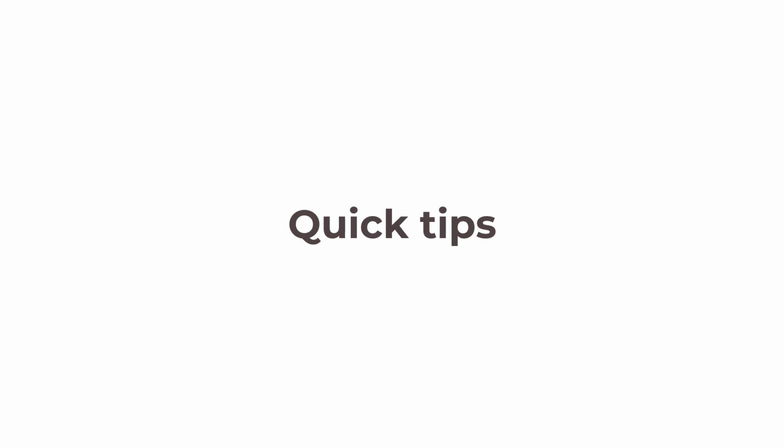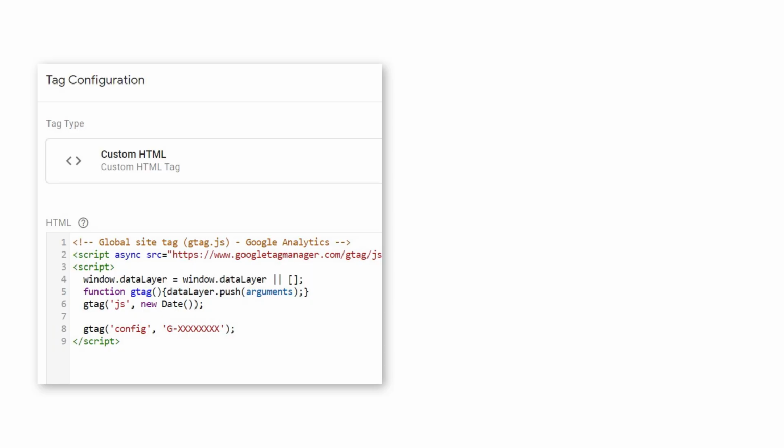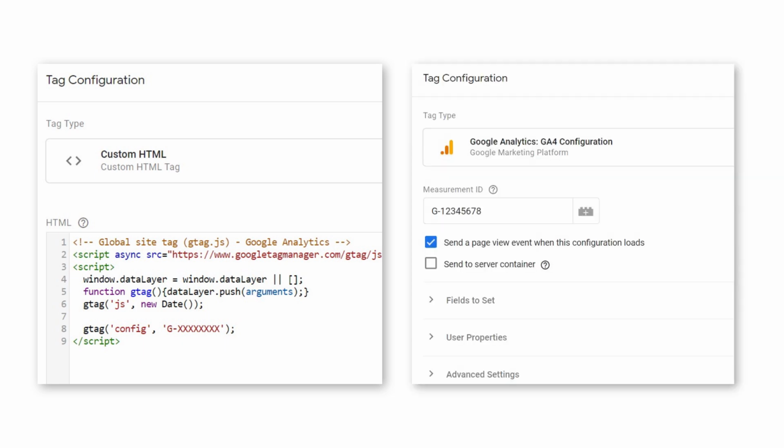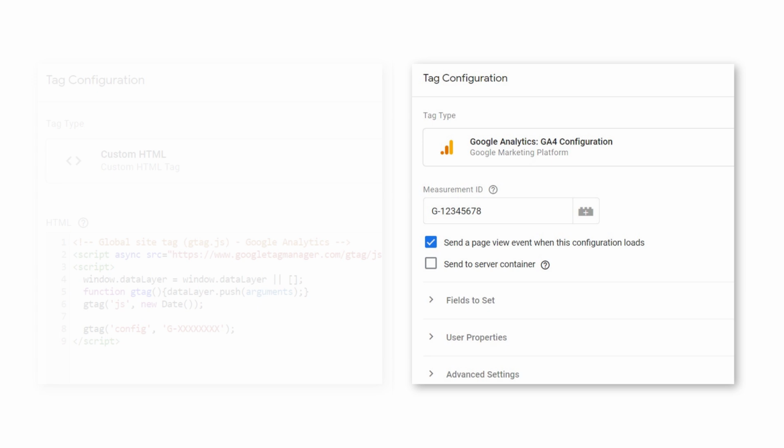Now, for the end of this video, I wanted to share several additional quick tips. Since gtag is the tracking code and GTM is meant to manage those tracking codes, how exactly should you install gtag? Should you use custom HTML tag? Or should you use the default Google Analytics 4 tag template? In my opinion, always use the built-in tag templates. Google is updating them and makes sure that they continue to work.